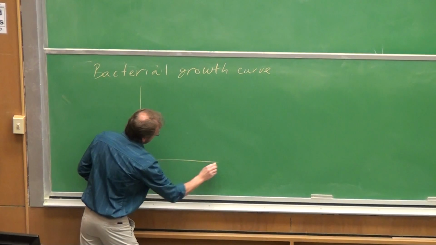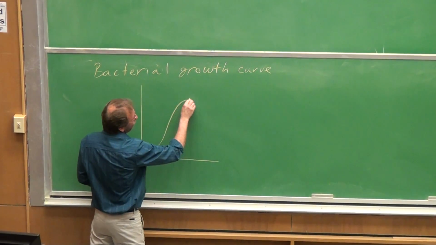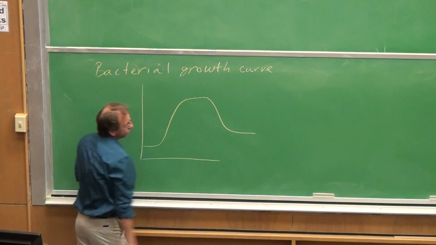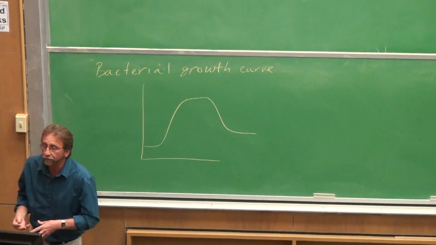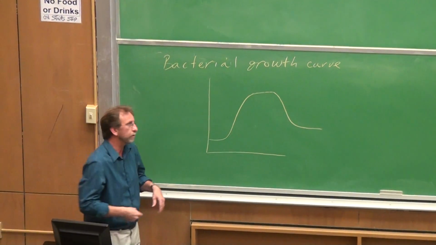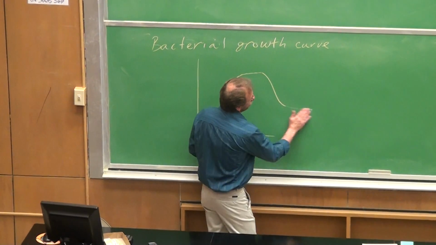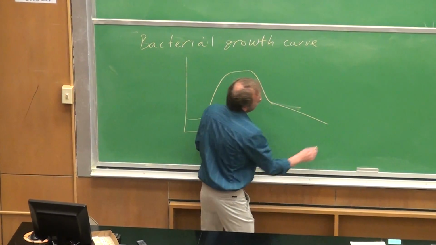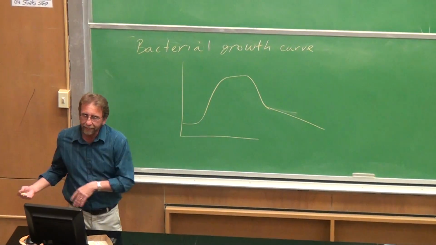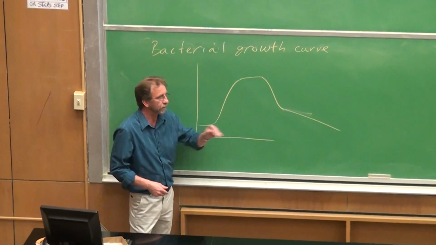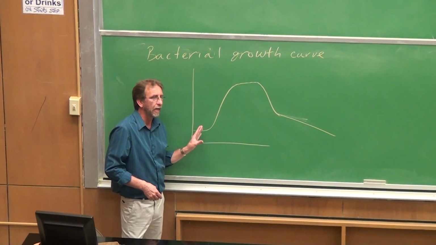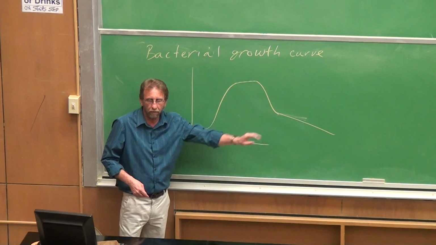This was a growth curve that represented the growth of bacteria in the laboratory, in a closed system, where there would be no additional nutrients added and there would be no waste taken away. And so the environment for the microbes changes over time, and it affects their ability to grow.